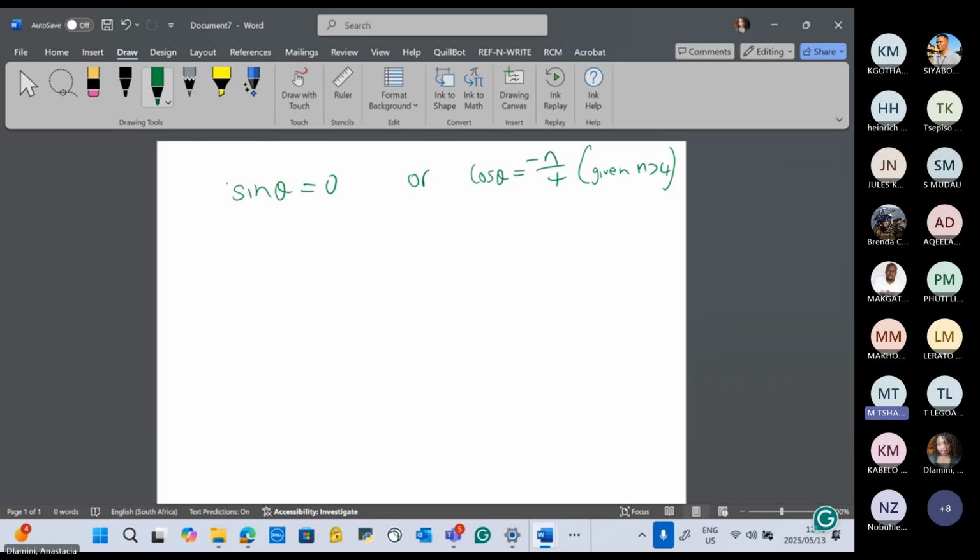I think he's trying to say the arc sine. Okay, so if you find the arc sine, what do you get? Sine is 0 at pi and the what? When you find the arc sine, what do you get?